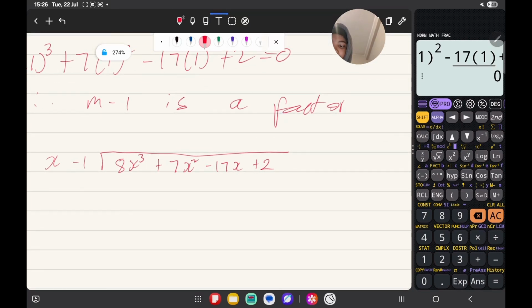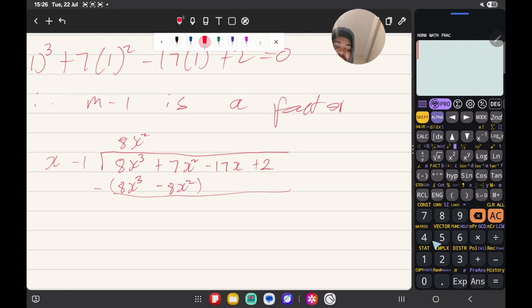So we have 8x squared. We have 8x to the power of 3 minus 8x squared. Then we are subtracting. This is 0. This is 7 plus 8, which is 15.